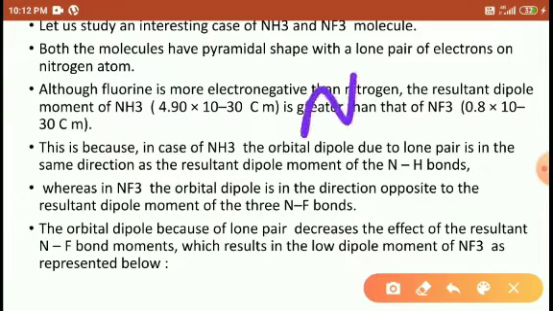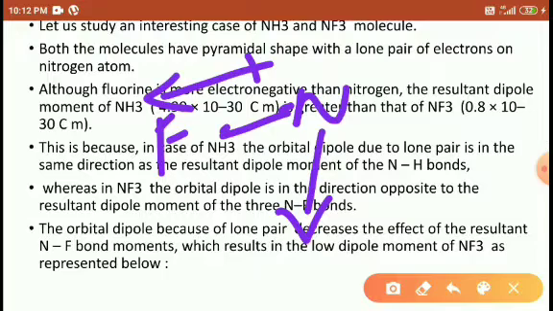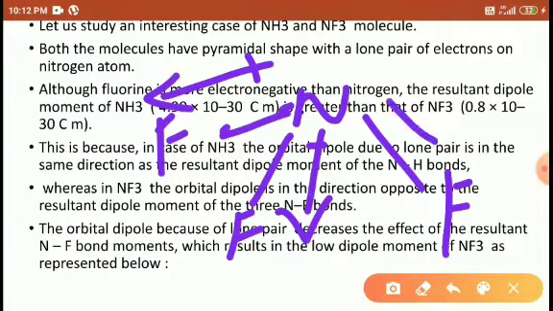But in the case of NF3, the fluorine is more electronegative, so nitrogen is positive and fluorine negative, and similarly for each of the three bonds. The lone pair of electrons is directed upward, right?